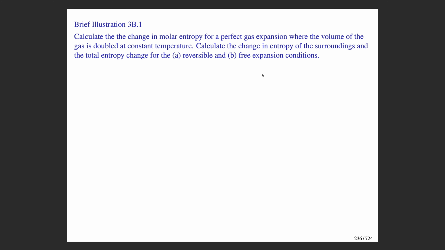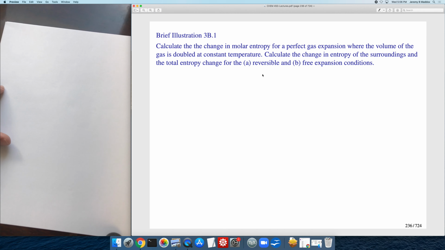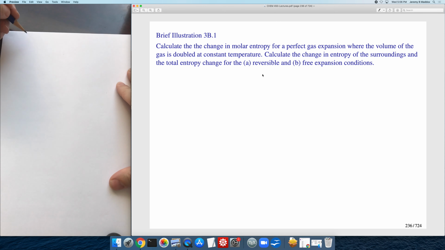Here in this problem, we are asked to do a couple of calculations. So first off, they want us to calculate the entropy change, the molar entropy for a perfect gas expansion when the gas volume is doubled. That's fairly easy to do, so we use this formula.